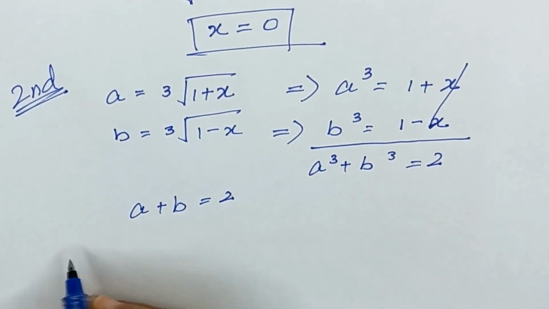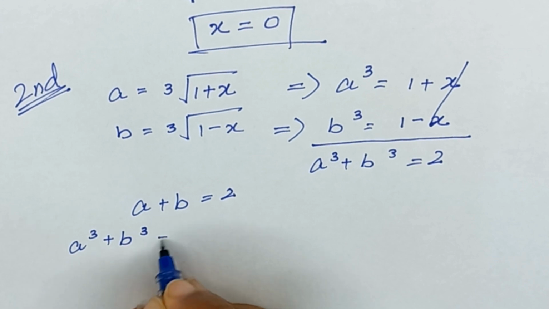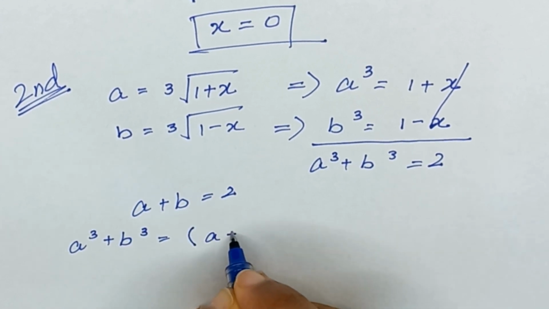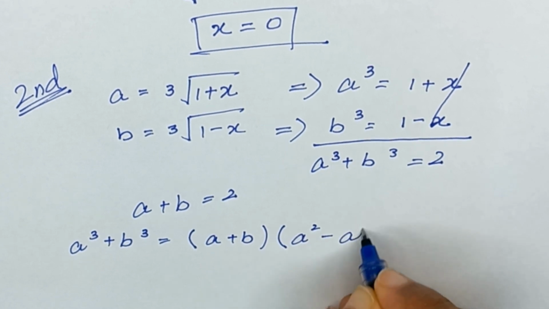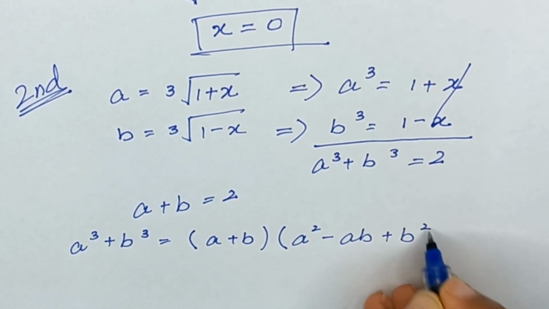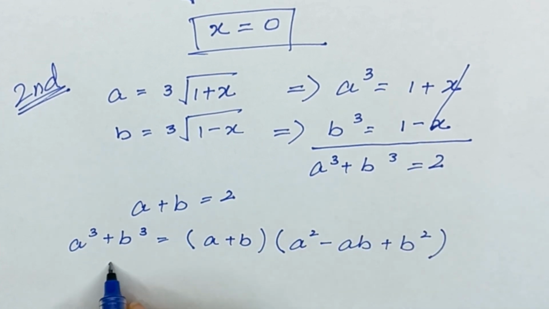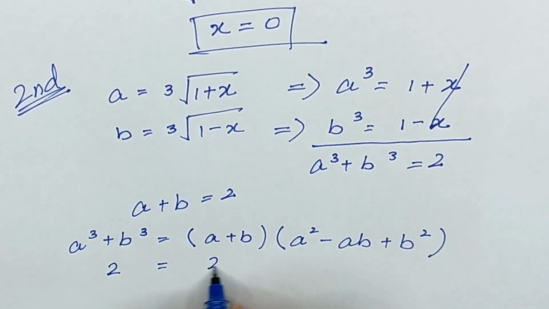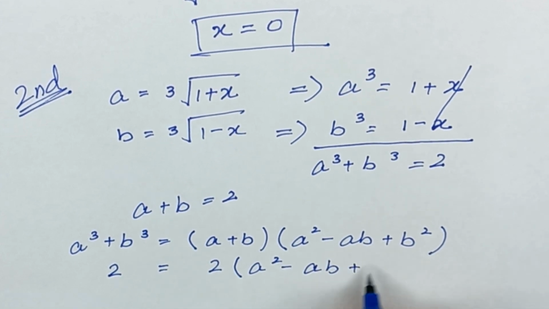And we know that a cube plus b cube is equal to a plus b times a square minus ab plus b square. Now we know that a plus b is 2, and a cube plus b cube is also 2, so it will be 2 is equal to 2 times a square minus ab plus b square.